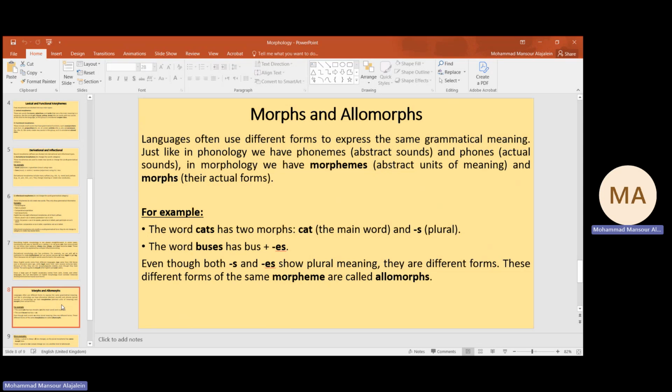So if we come to discuss this here in the two examples, cats and buses, we can say that we have two different phonological environments. In the first word, the word ends with t, and the second word ends with s. So in order to break the hiatus of the s sound, we need to insert e between the two s sounds in order to mark this addition.